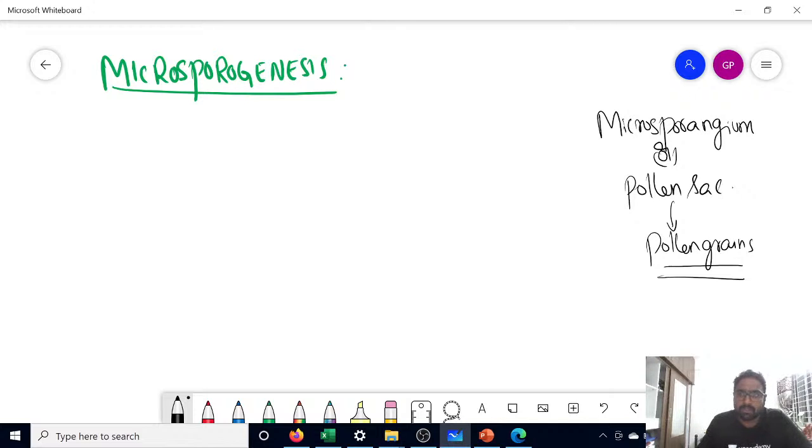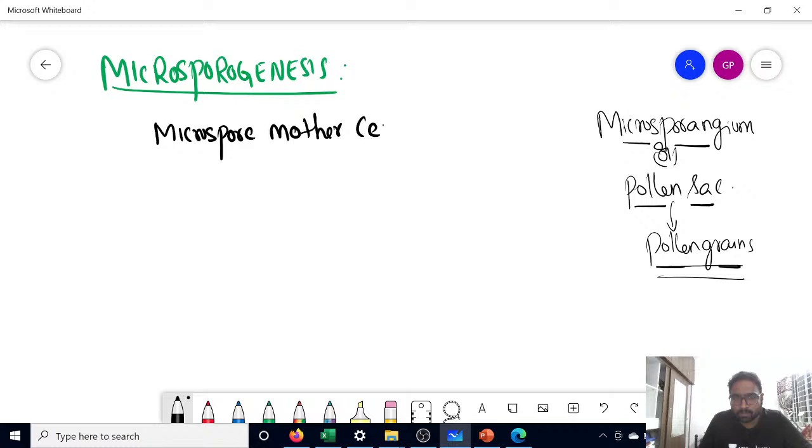Once you talk about the microsporangium, there you have a tissue. In that, one of the cells is going to mature into a microspore mother cell.